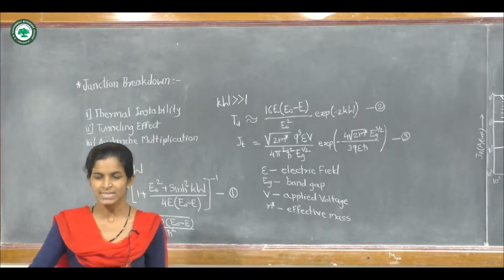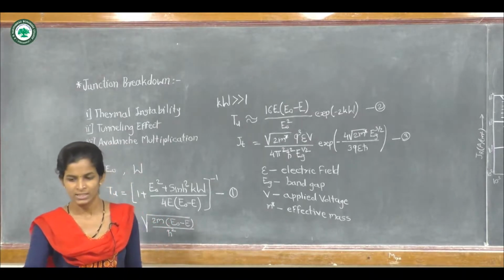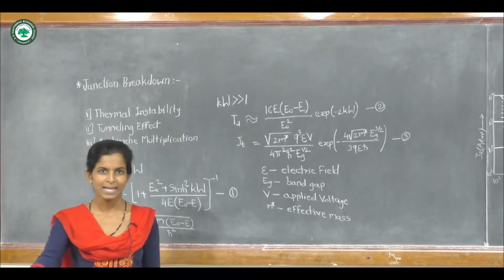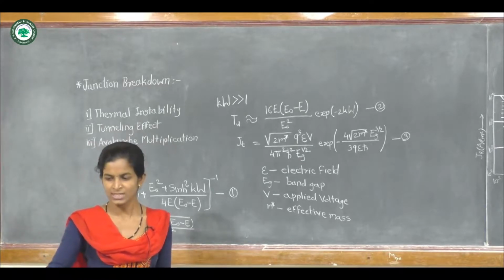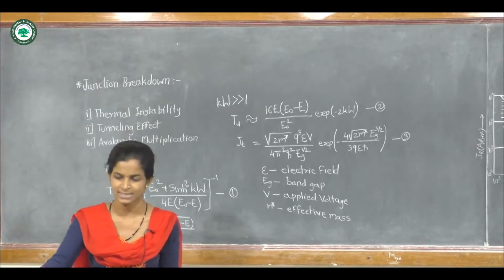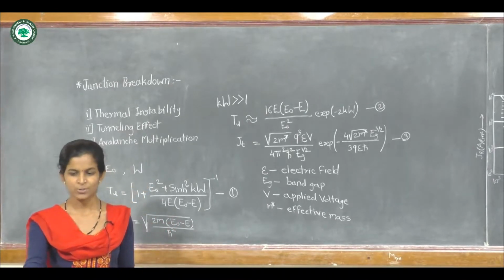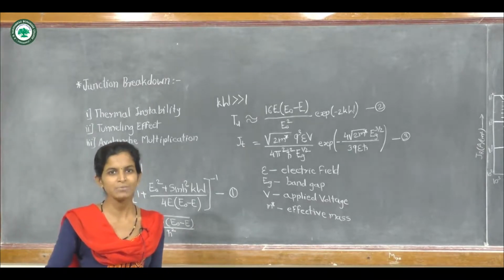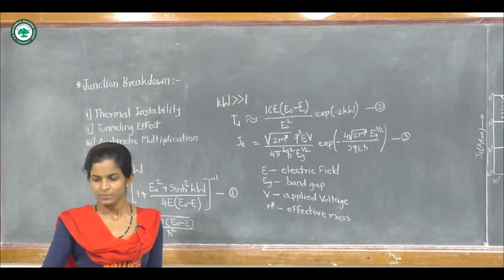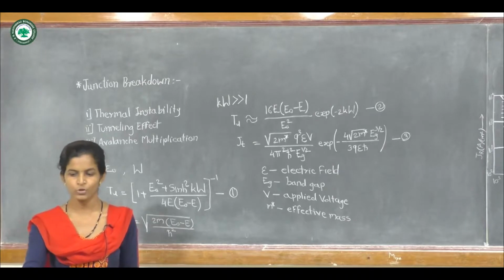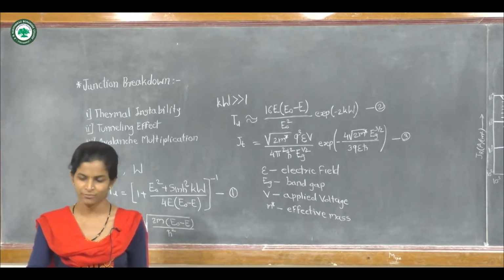To obtain such a high field, the junction must have relatively high impurity concentrations on both P and N sides. The mechanism of breakdown in silicon and germanium junctions with breakdown voltages less than about 4 Eg/q is found to be due to tunneling effect.